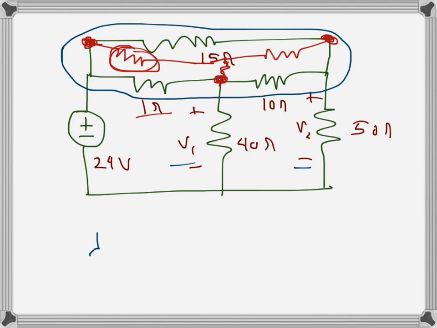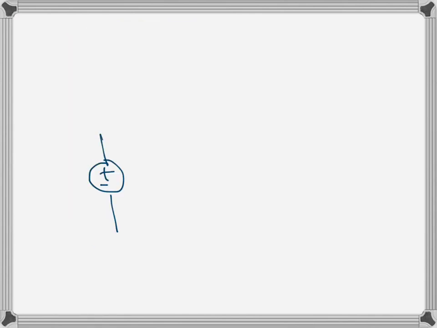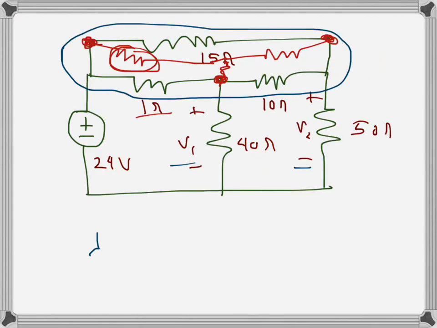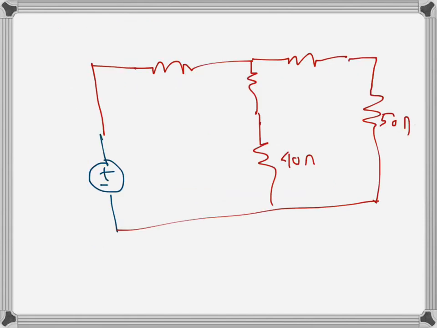So here, I can also label them, which is probably better. This is the 40 ohms and that's the 50 ohms, and here we have node A, node B and node C, and this is also node A, node B and node C.